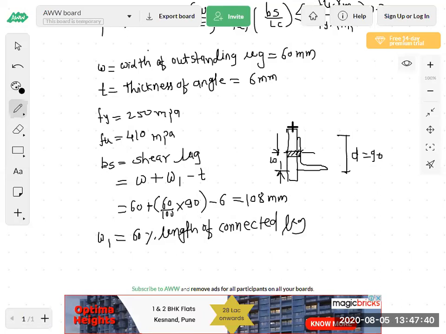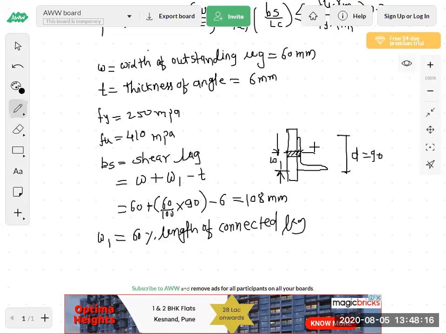Then the connected leg also transfers the load to the outstanding leg. When the load is transferring from the connected leg to the outstanding leg, at that time there is a variation of the shear load.